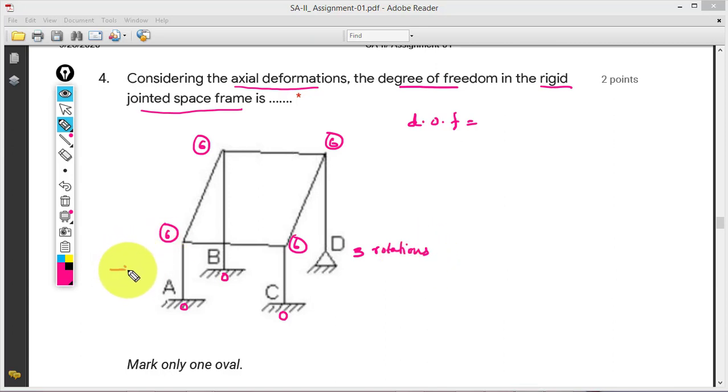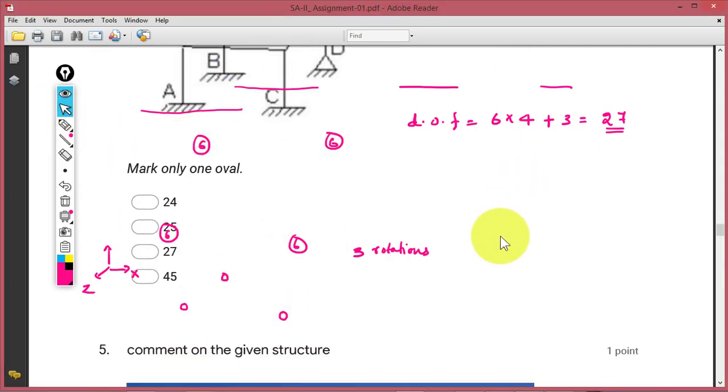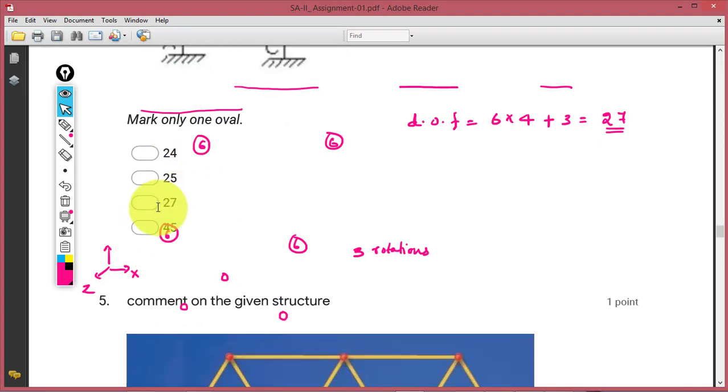It is a space frame, so the total degree of freedom is 6 into 4 plus 3. Your answer will be 27. By considering the axial deformations, we have a total of 27 degrees of freedom in this structure. So the answer will be option C, 27.